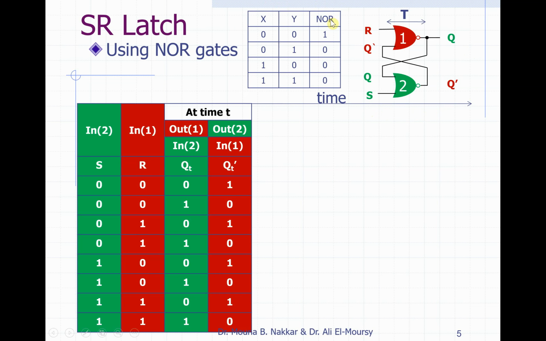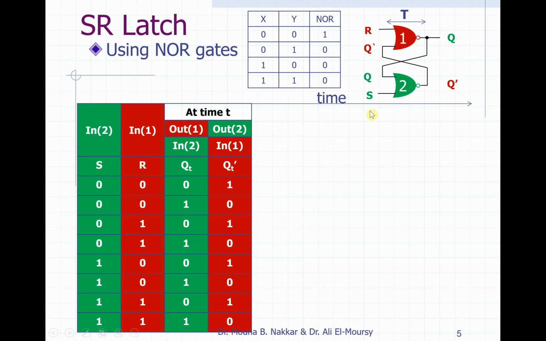If I have a two-input NOR gate with X and Y inputs, it can be described through the simple truth table that we can see here. 0 0 gives me 1, 0 1 gives me 0, 1 0 gives me 0, and 1 1 gives me 0 after time tau, as we agreed in the analysis from chapter number 2.